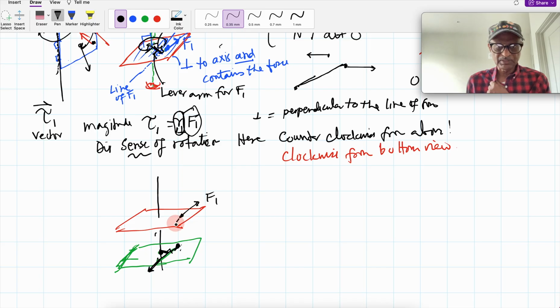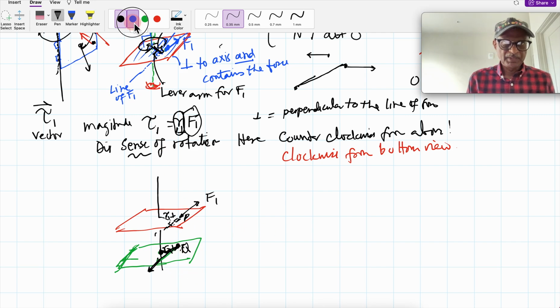Here I have to extend, so acting at say P, and this is Q. So here I had to extend it to get the perpendicular to land. Okay, so this is R1 and this is R2. Of course, this is perpendicular and this is perpendicular.